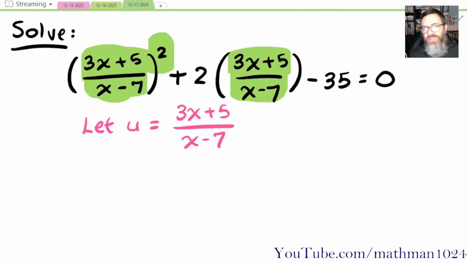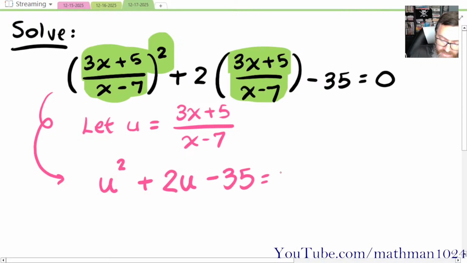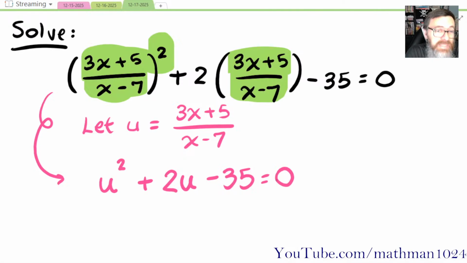And if I make that substitution, then my equation now becomes u to the second, plus 2u, and then minus 35 equals 0. Now, I don't know about you, but this equation looks a whole lot nicer to work with than what we had at the very beginning. So let's keep working with this.